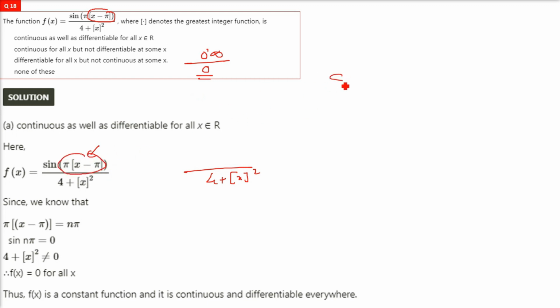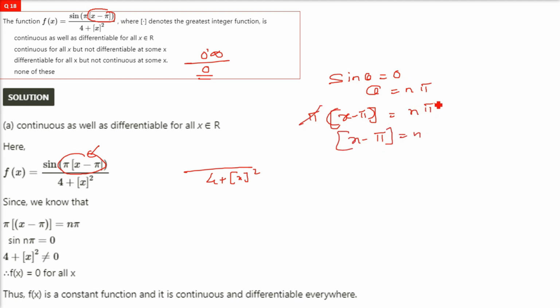This numerator you already know: sine theta is equal to 0 when theta is equal to n pi. So what is given here? x minus pi into pi, and x minus pi is the greatest integer function. So this is n pi, and when you cancel this pi, you'll get x minus pi equals n.